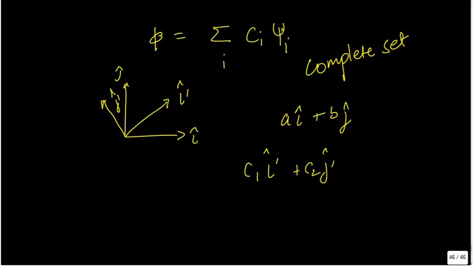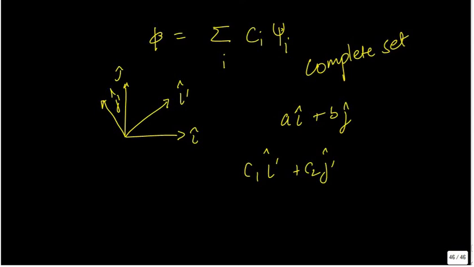If I apply it on phi, I get sigma of Ci square Ei, which is not one particular energy, but the sum of all these energies, each energy multiplied by its weight, that coefficient square. So whichever psi contributes most to the new phi would be closer in energy to phi.